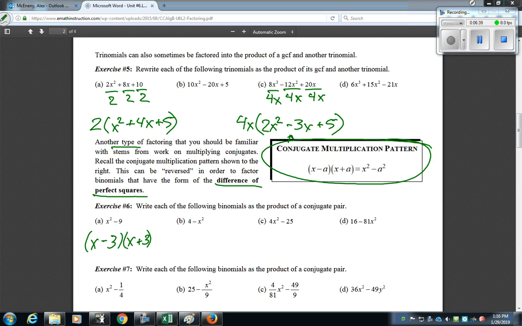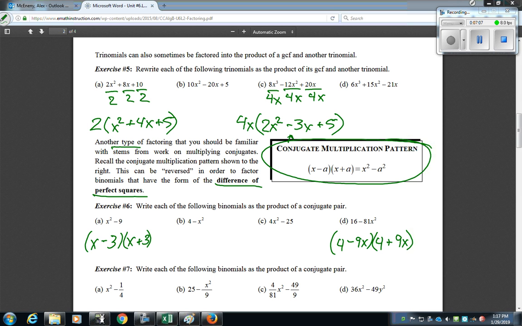And that can be checked by doing that, either the square that we used to do, or you can just do FOIL for it. If you take something like D, again, you're trying to test and see if it's a perfect square. So 16 is a perfect square, it'd be 4 and 4, and then negative 81 and x squared, well, x squared is x times x, and then negative 81 would be negative 9 and positive 9. And again, it is something where you could multiply it out.